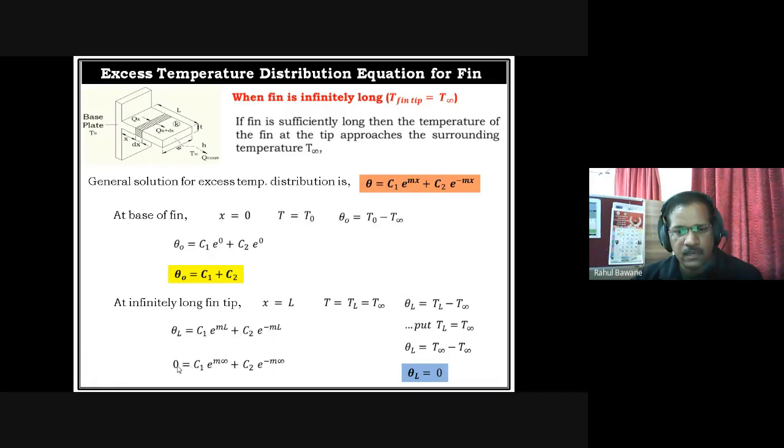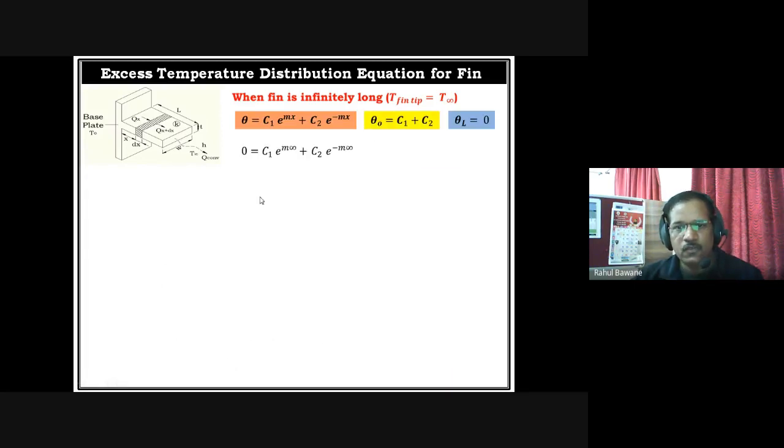So theta L becomes 0 equals C1 e raised to the power m into infinity plus C2 e raised to the power minus m into infinity. So we have this equation. No doubt, multiplying anything with infinity gives infinity. So it is C1 e raised to the power infinity plus C2 e raised to the power minus infinity.